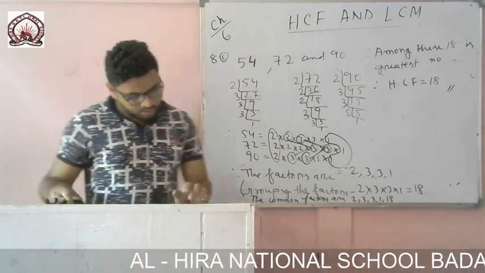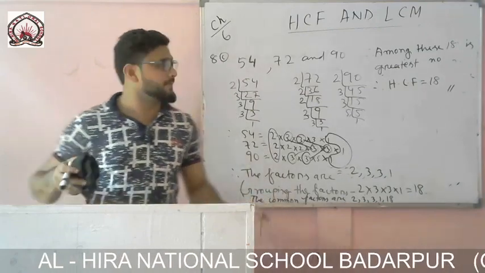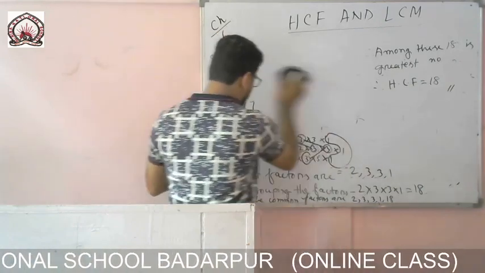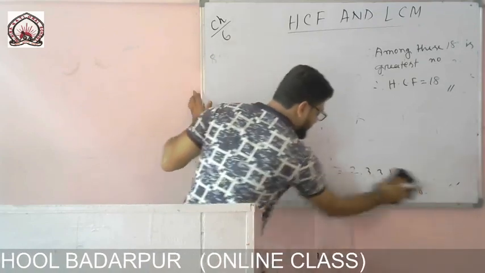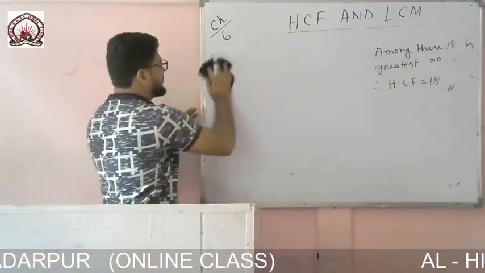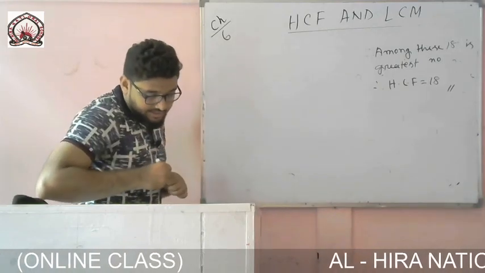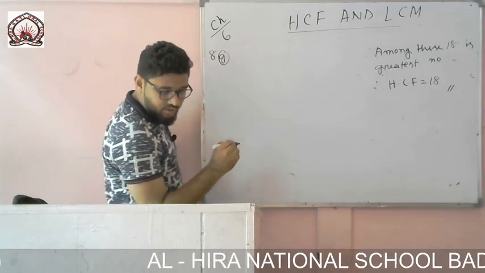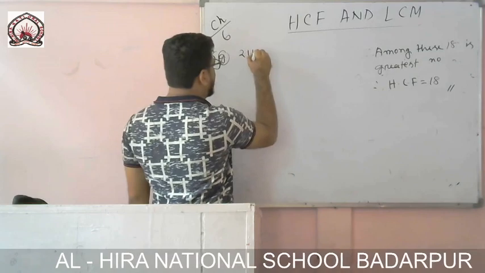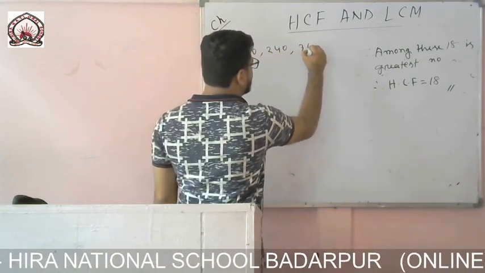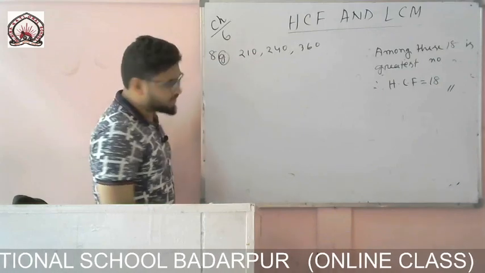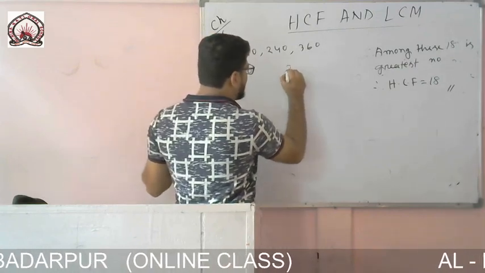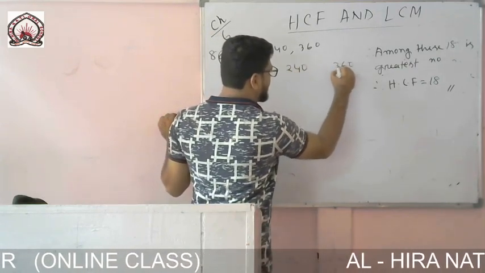It's a big number. Let me do this one. 8G: 210, 240, 360.